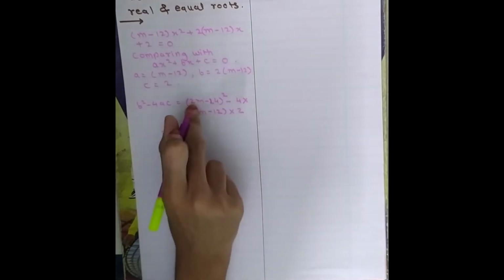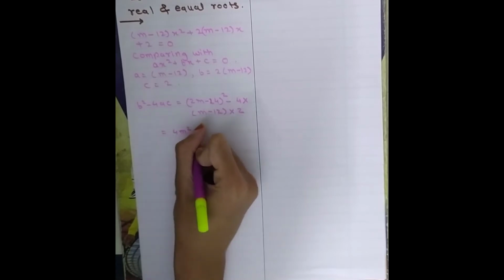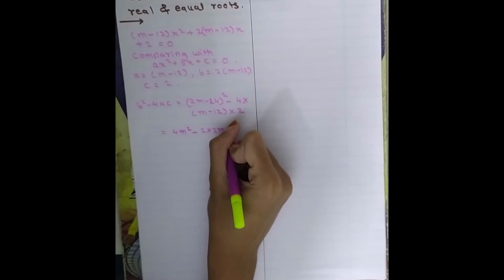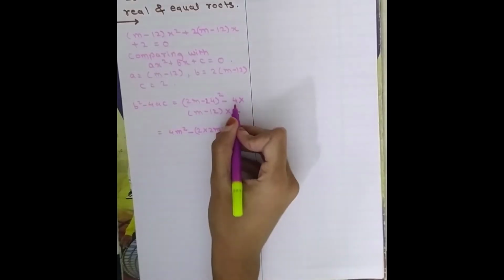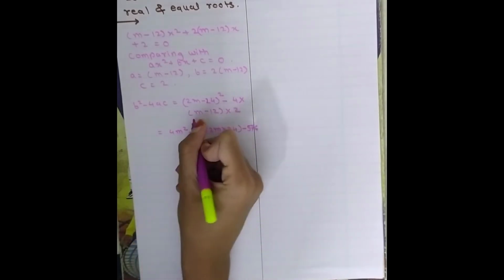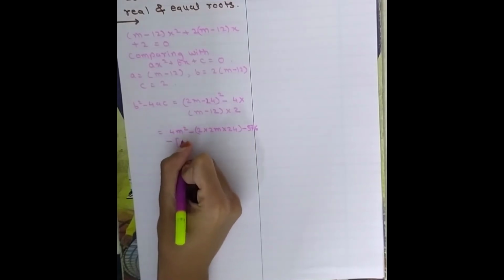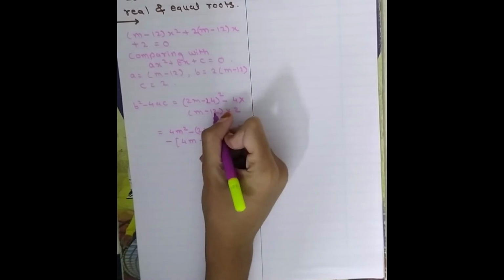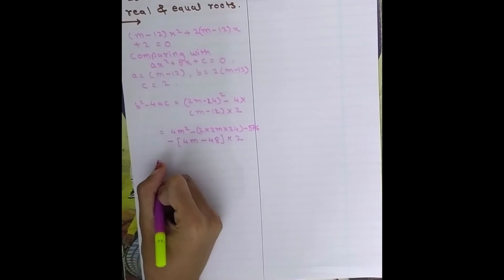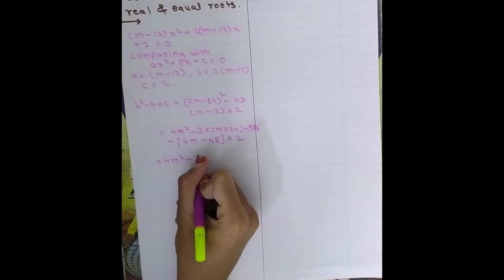So a square is (2m) square, it means 4m square, minus 2 multiplied by 2m multiplied by 24. 24 square is 576 and this 4 multiplied by m is minus 4m, minus 12 multiplied by 4 is 48 multiplied by 2. Now here 4m square, this minus this multiplication is 96.